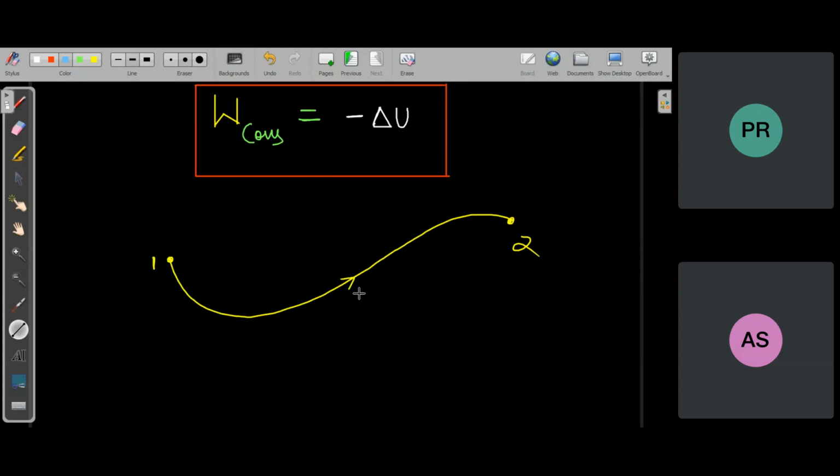Whatever work the conservative force does is exactly equal to the negative of change in potential energy, so it will be U2, or U final, minus U initial. From here you also understood that whenever a conservative force does some work, it will decrease the potential energy of the system. That's why the negative sign is there.